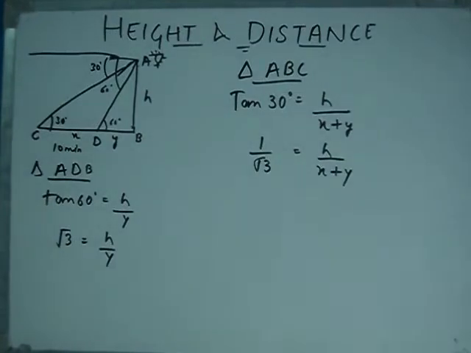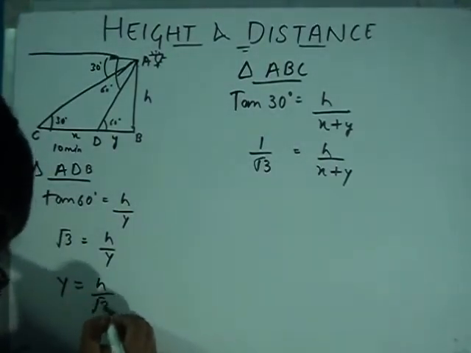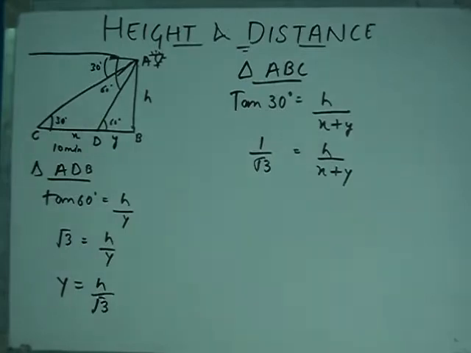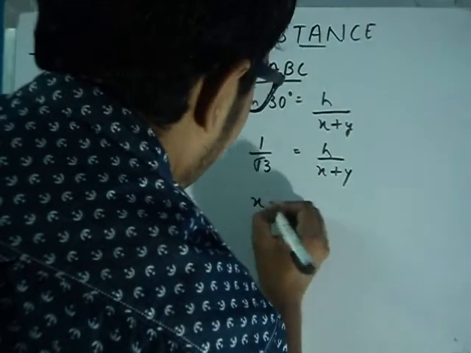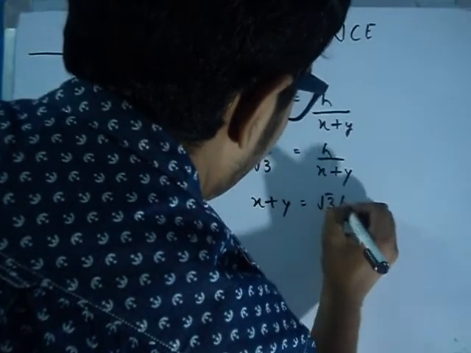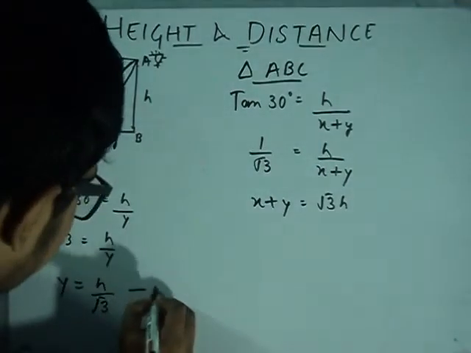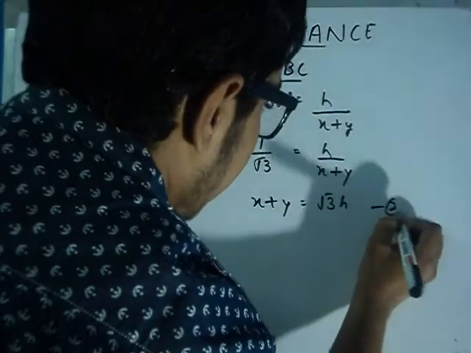So from here we get y is h by root 3, and from here we get x plus y is root 3 h. So we get our y value and x value. It's our first equation and it's our second equation.